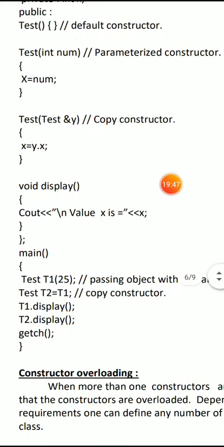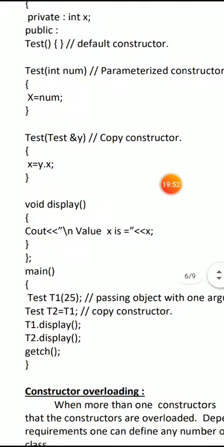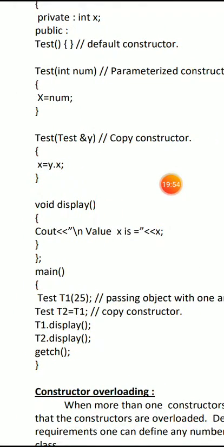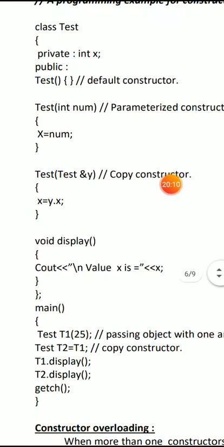Now see here, in the first call, passing an object with one argument means Test t1 is an object which is initialized soon after creating object t1, and here 25 is the argument which is passed from the calling constructor to the called constructor. So whenever the t1 display function is called, it displays the content of x, that is 25.